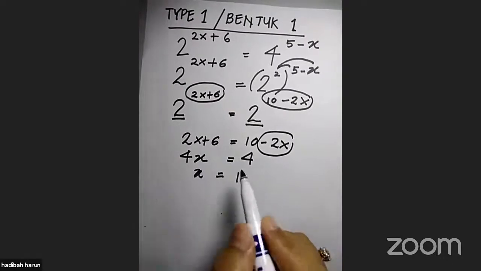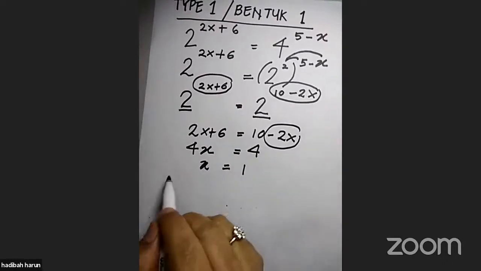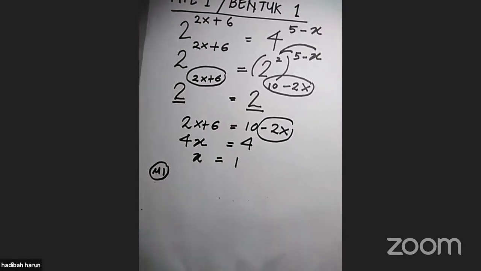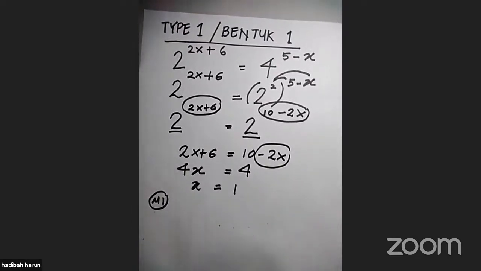There are a few methods of checking your answer. Method 1 is manually. What I mean by manually is I substitute the value x equals 1.